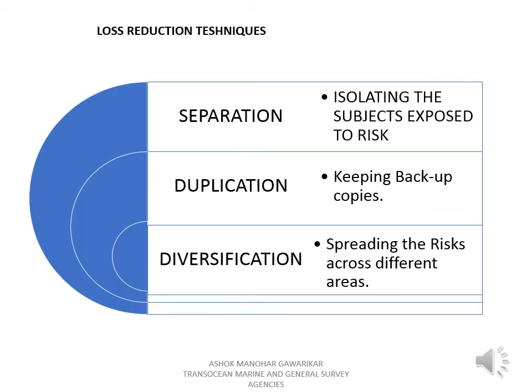Basically, you should know there are various types of loss reduction techniques. What are the loss reduction techniques? And what are the financial losses? When it comes to financial losses, what are the problems? There is a fluctuation in the stock market. Then there could be exchange rate fluctuation, dollar rates fluctuating.